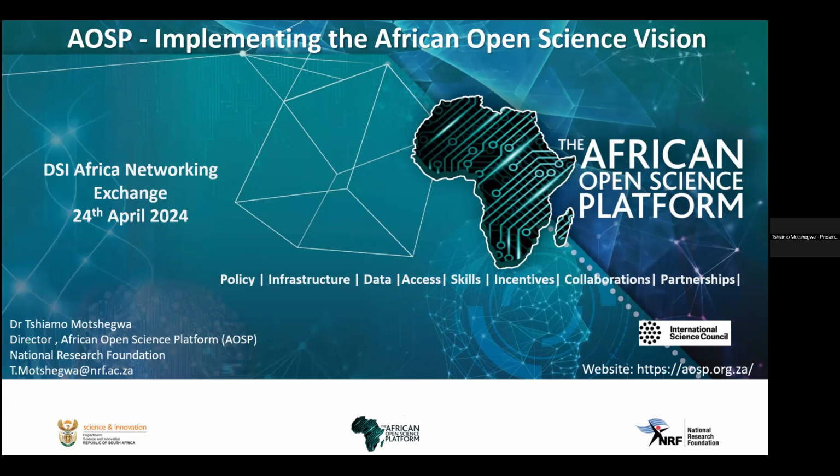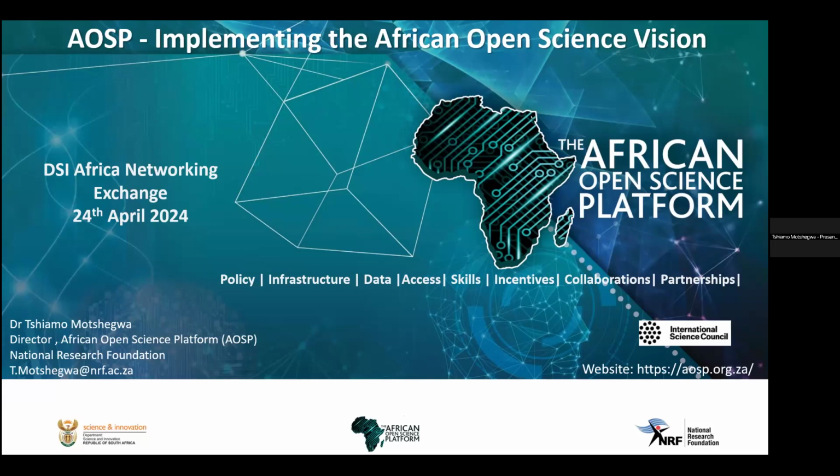We all know the issue of data is very critical regarding the open agenda and how we can purposefully share data to make sure that we can do more science. The issue of skills is critical to Africa as a continent. We know that Africa is very young in terms of the average age. We want to influence the development of requisite skills for doing science in the digital era in the continent.